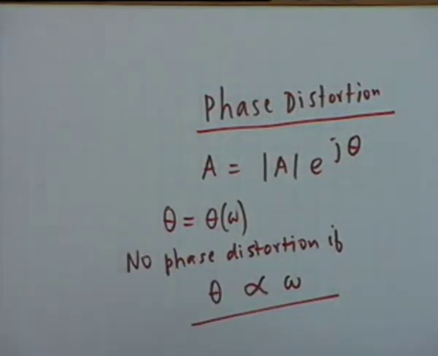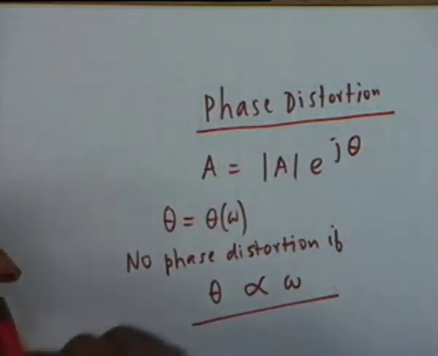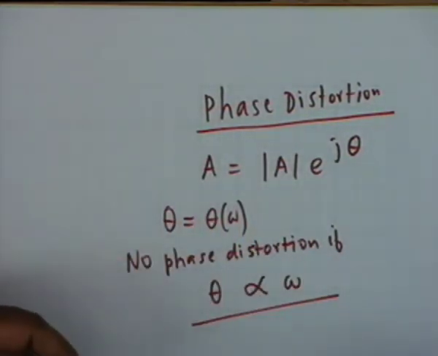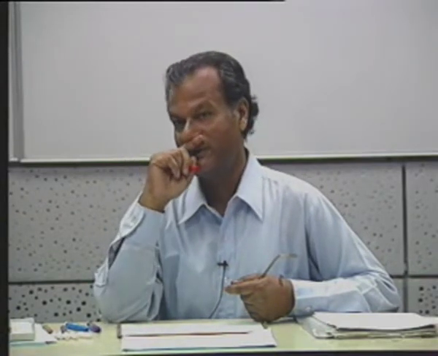Now, let me mention to you the situations where phase distortion is important. Phase distortion, fortunately or unfortunately, cannot be detected by the ear. That is, our hearing capability is insensitive to phase distortion. Even if the phase is non-linear, it doesn't matter. But our vision is very sensitive to phase distortion.